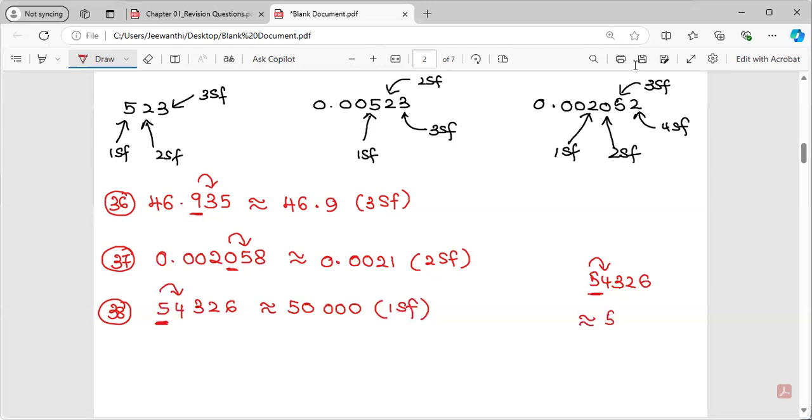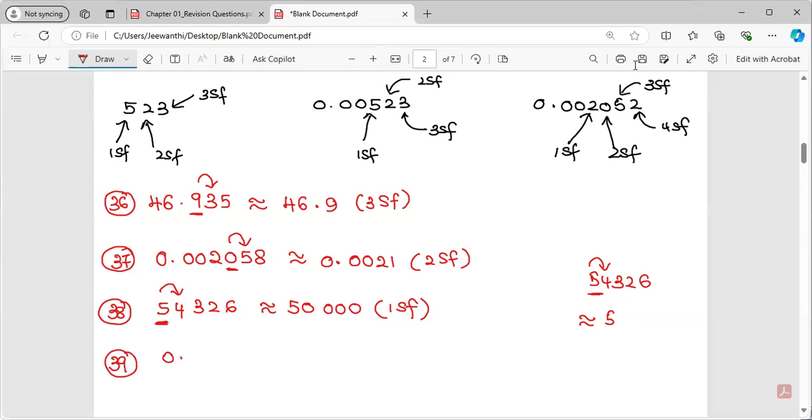It is not approximately equal to 5, no children. 54,326 is not at all approximately equal to 5, we can't write something like that. You want to add the zeros to the next digits. Then 54,326 is approximately equal to 50,000 when I correct it to one significant figure or the first significant figure. That can happen. But 54,326 cannot be approximately equal to 5. So keep in mind these kinds of small mistakes you make in the exam.